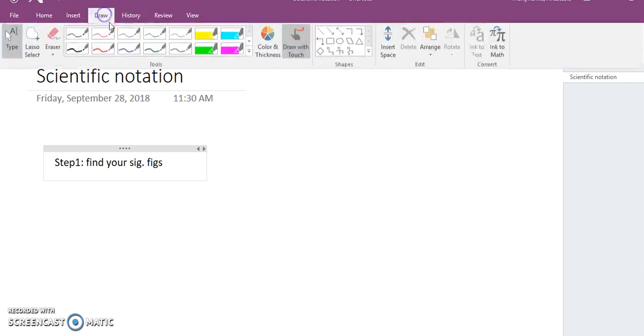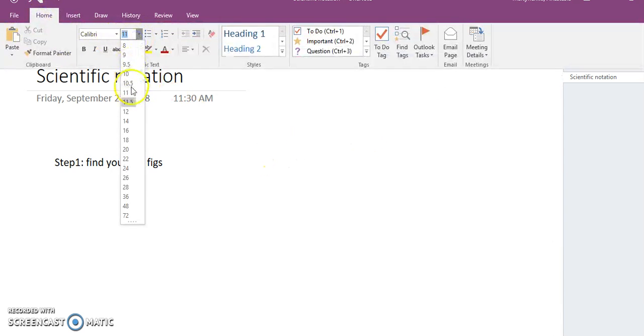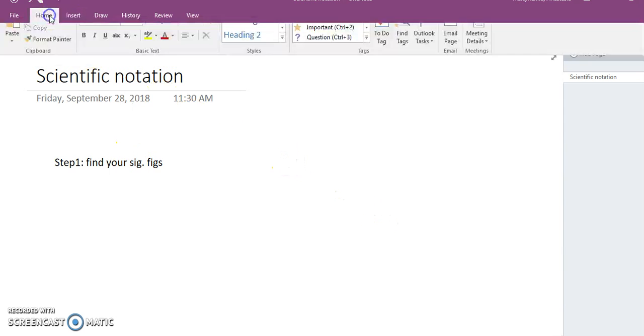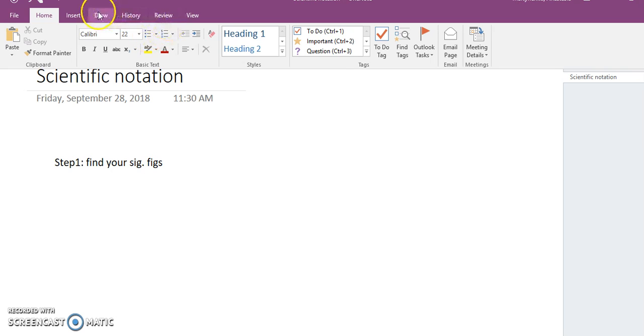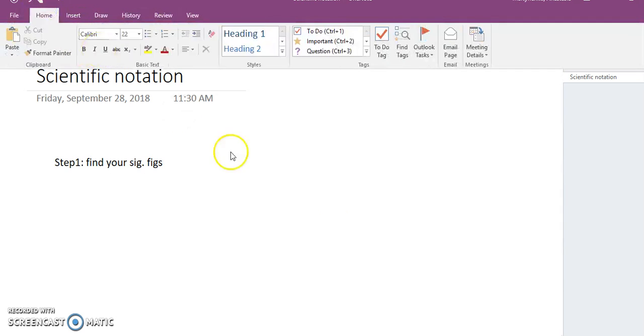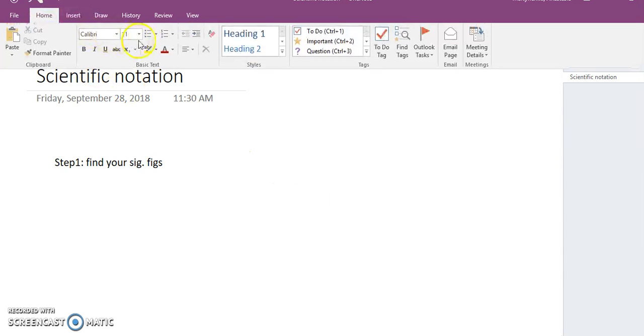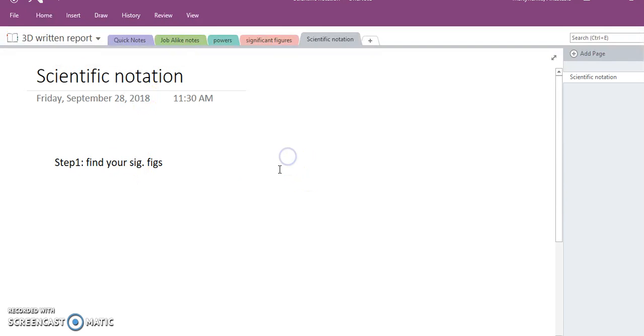So let's do an example as I am telling you how to do this so that it is a little more obvious. So here's my lovely number, and I'm going to have two of them: a number with a decimal point and a number without a decimal point.